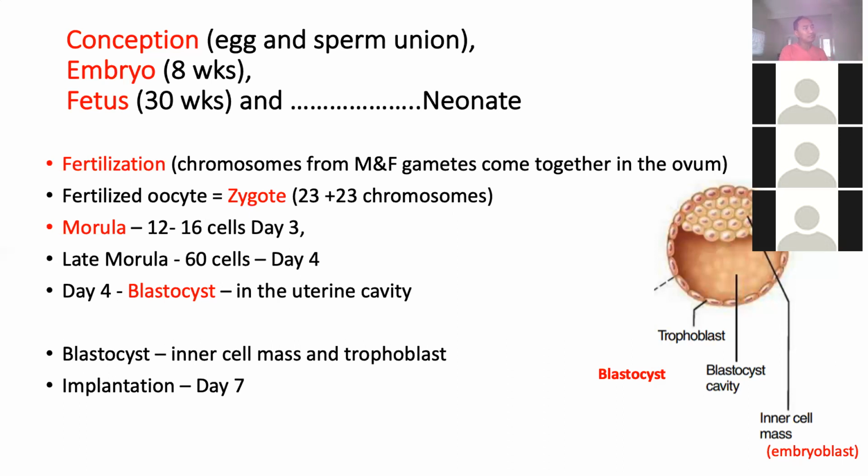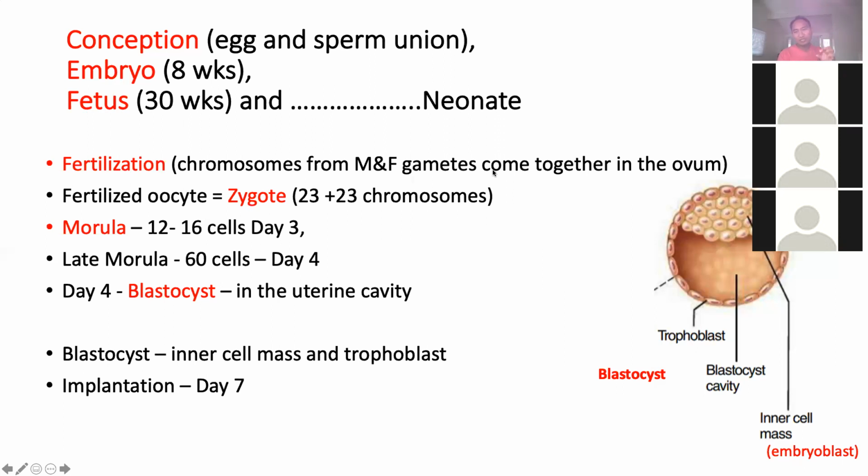So that is conception. When I say embryo, it is less than 8 weeks. When I say fetus, it is more than 8 weeks up to labor. And what is fertilization? Fertilization means chromosomes from the male and female gametes come together in the ovum.